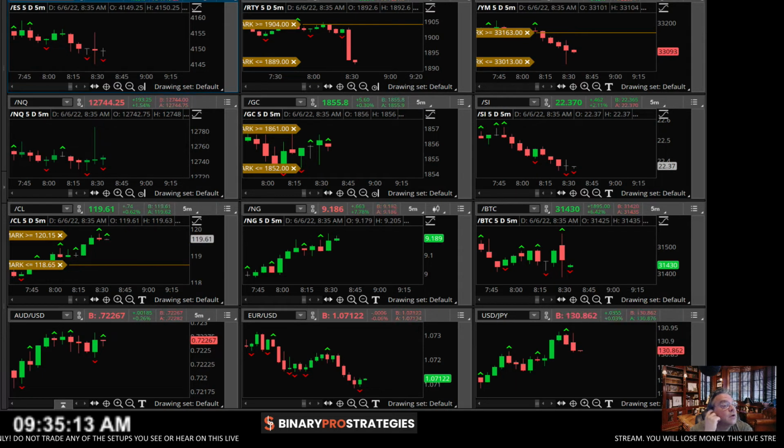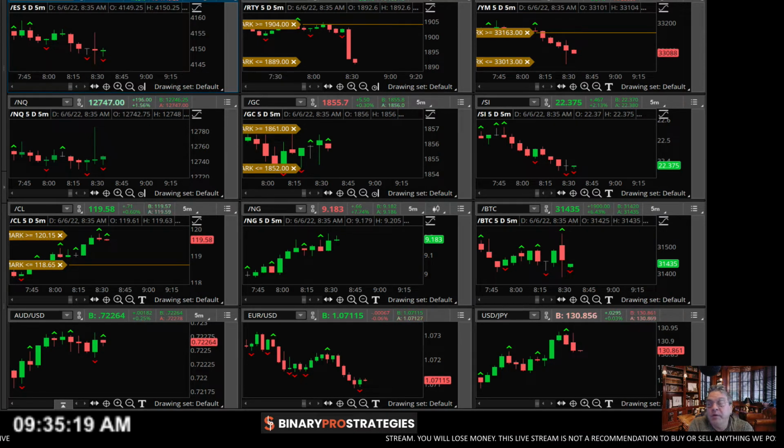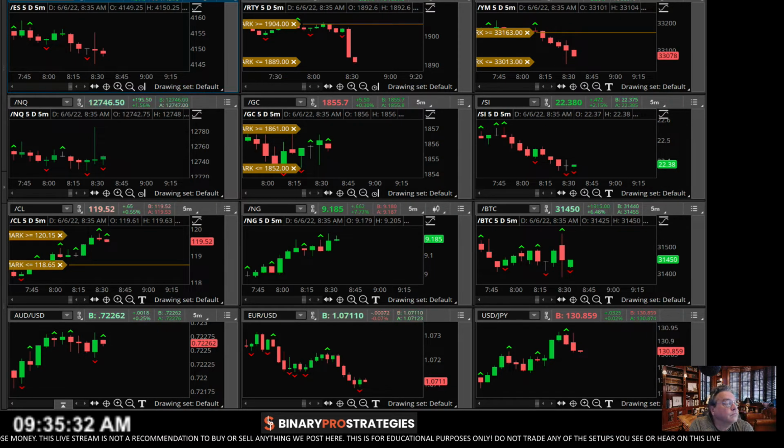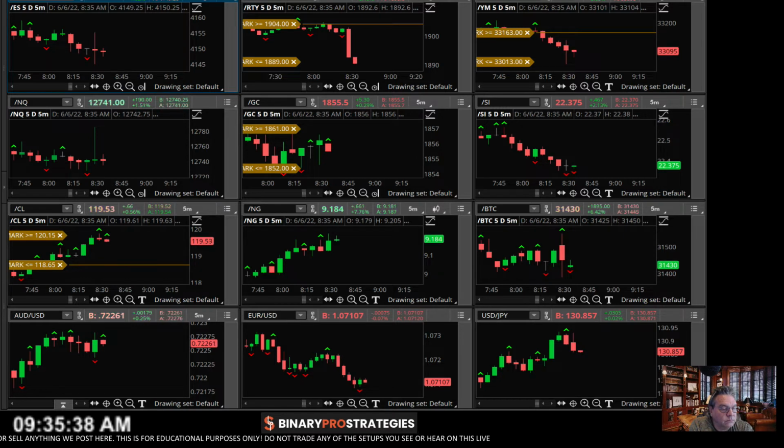Still short. We are still short on the mini Dow. Short on mini Russell. Approaching target on mini Russell. Okay, did not get that double buy on the yen, so no trade on the yen.